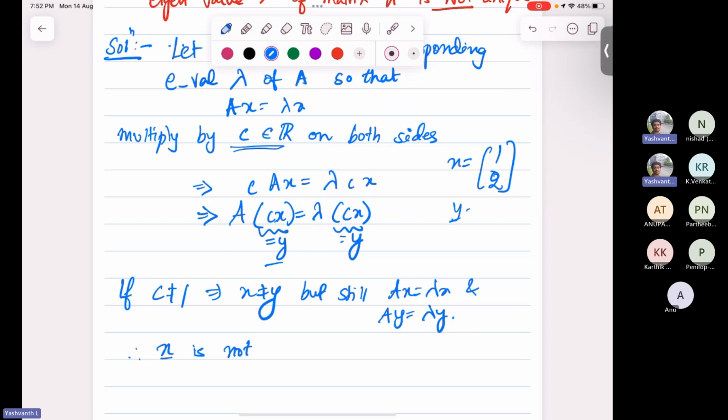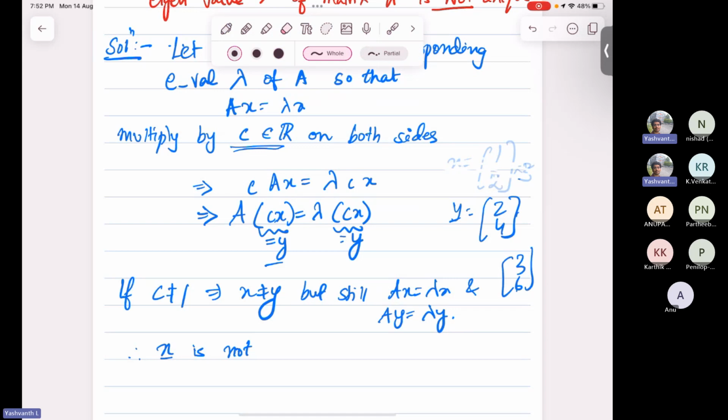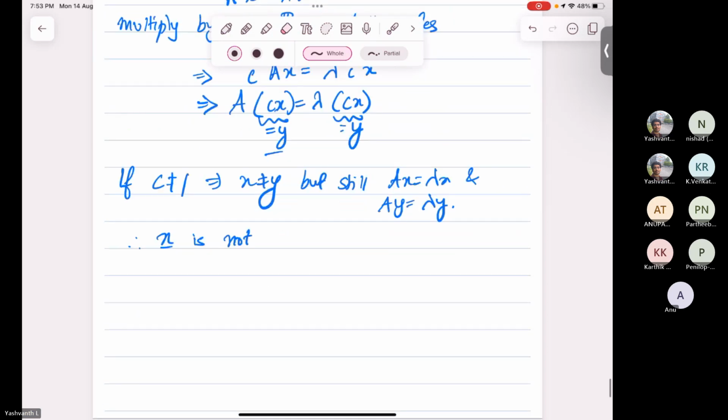Then y equal to, into 2, 2, 4, or into 3, 3, 6. All of these are valid eigenvectors for the same eigenvalue of the matrix. So eigenvectors are not unique at all. C is any number, so you can multiply by any C. That means you can find infinitely many eigenvectors for the same eigenvalue of the matrix A.